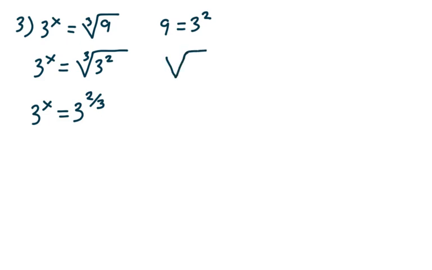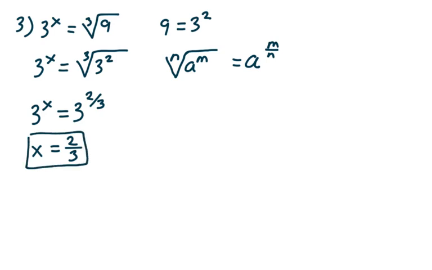This is a property here. If I take the nth root of a raised to the m power, we could write this as a raised to the m over n. And so here, x has no choice but to equal 2/3. And that's how we do number 3.